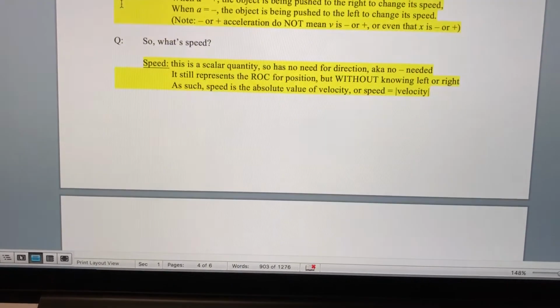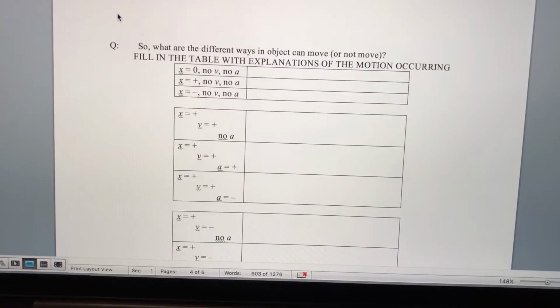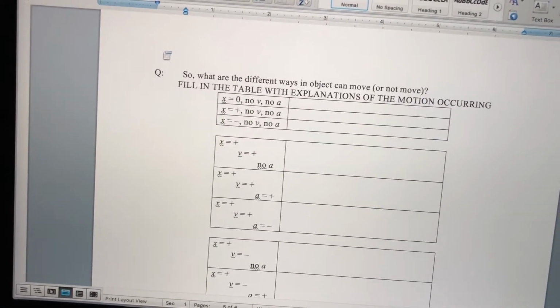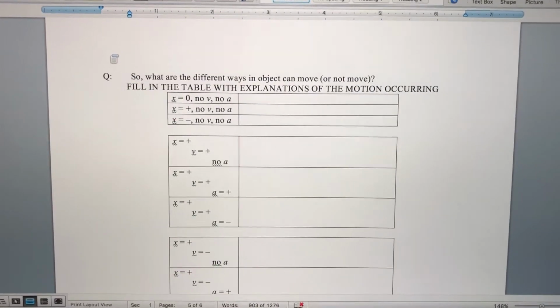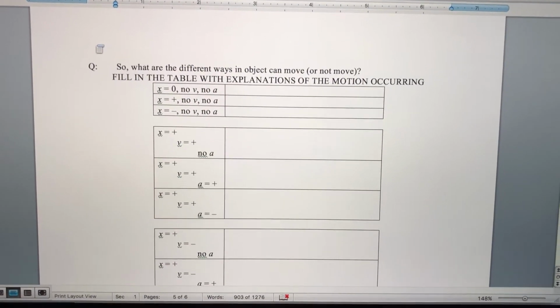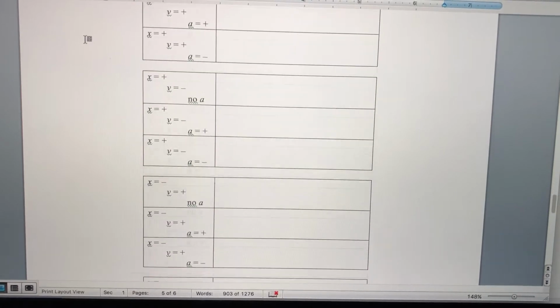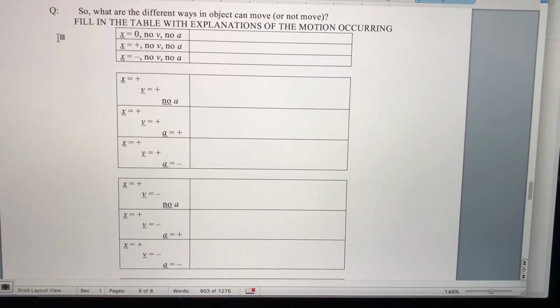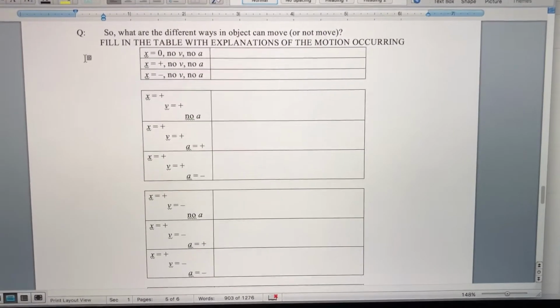So now the rest of this video is going to talk about page number, is it 5? Yeah, it's 5. Page number 5 of this document, where you've got 1, 2, 3, 4, 5 blocks of 3 examples each, total of 15.